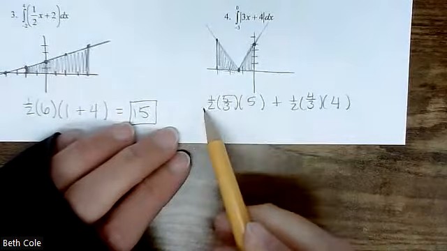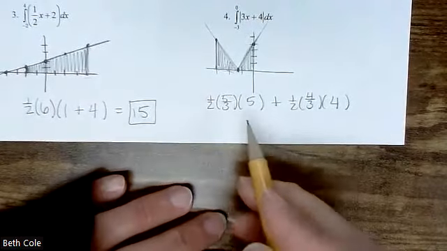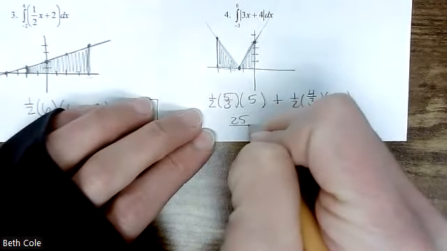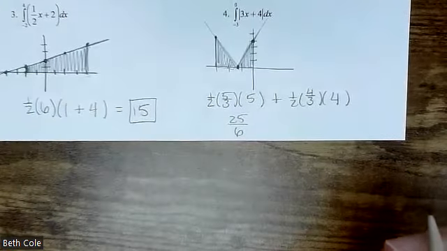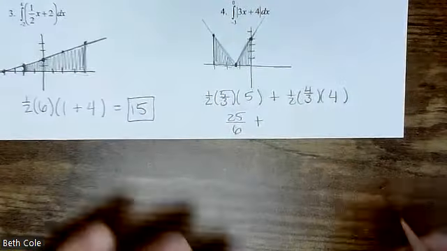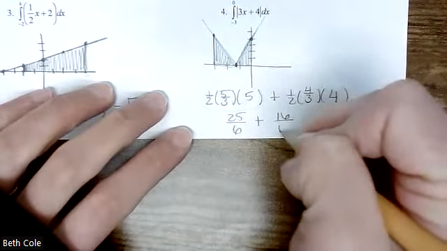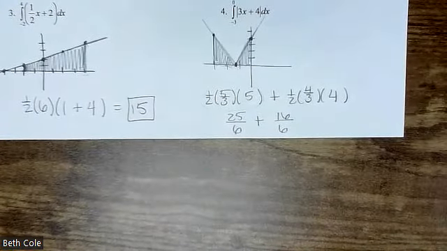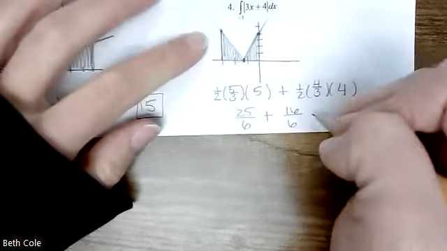What would this first part give you? Hint, it's a fraction. 5 times 5 is 25. Good. 25 over 6. 2 times 3 is 6. Plus 4 times 4 is 16 over 6, 2 times 3 is 6. And if you add those together, what is that, 41? 41/6.